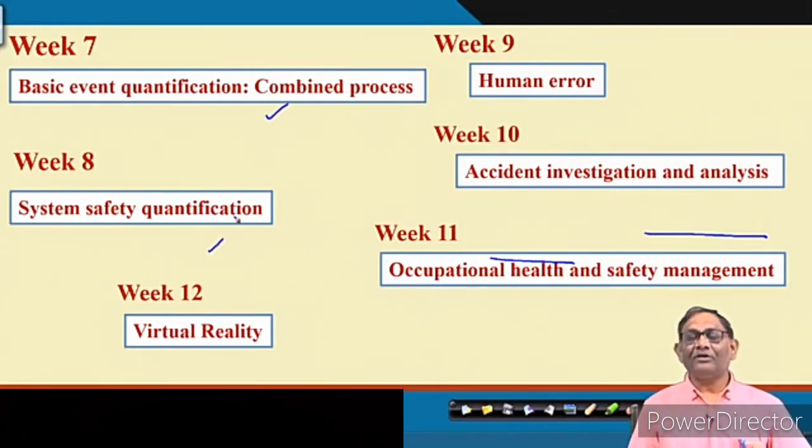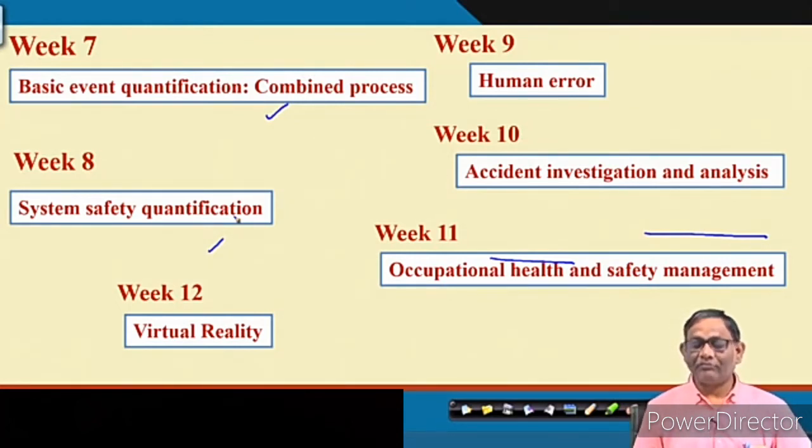And then there are knowledge-based, rule-based, and skill-based tasks and corresponding errors, and we have given you some techniques and classifications related to human errors, for example THERP, for example SHERPA. And you have seen the systematic way of identifying human errors and then quantifying human errors.